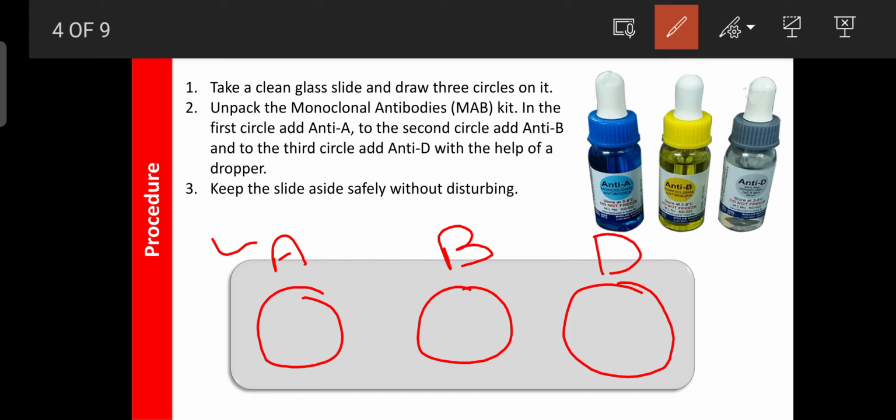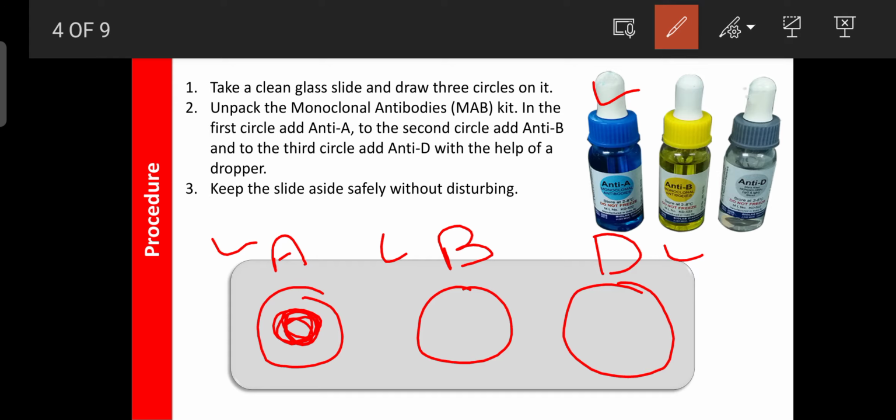These markings help us place the solutions in the respective circles. So dear students, after marking, you can put anti-A, the monoclonal antibody A, here, a small drop of about 0.1 ml.